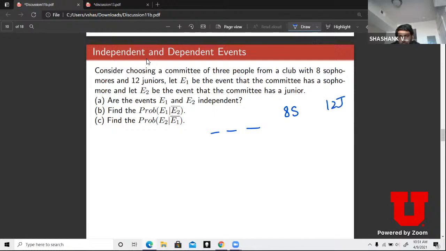It does affect the probability of choosing 3 people if the committee only has sophomores or has both sophomores and juniors, because if one of the places is filled with a junior, then it is impossible that all 3 places will be filled with sophomores, so the probability will change. So A: not independent.